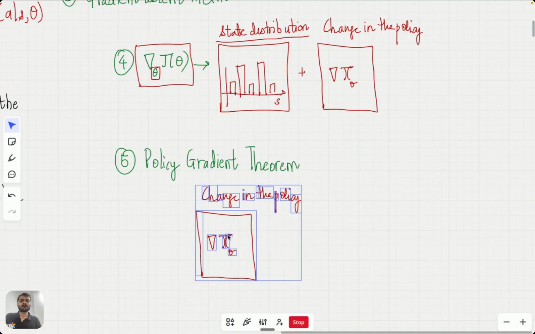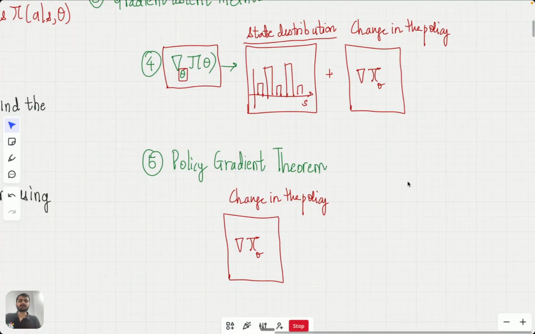So only worry about the change in the policy. And this made the calculations easy.